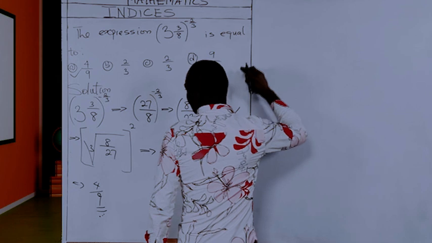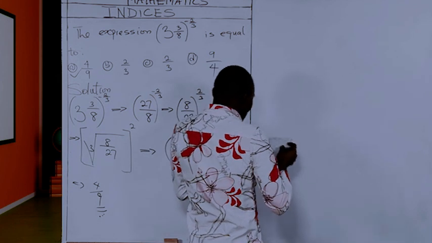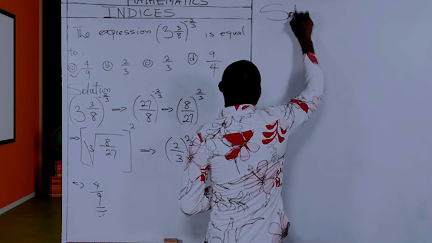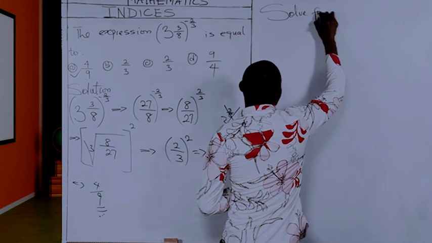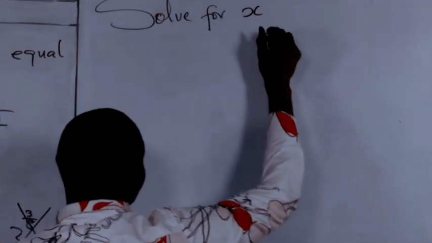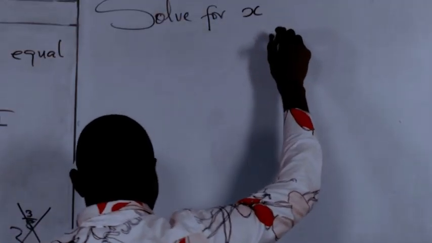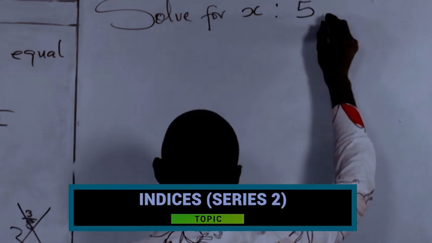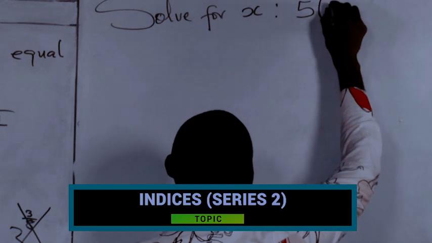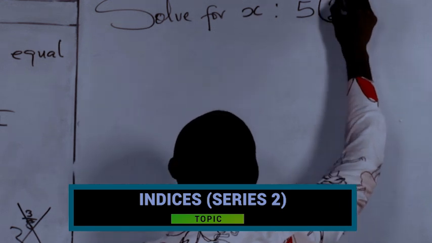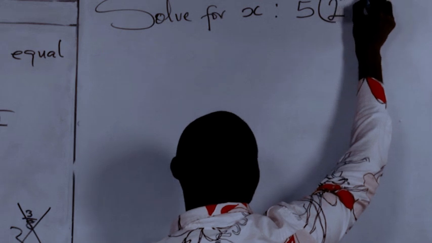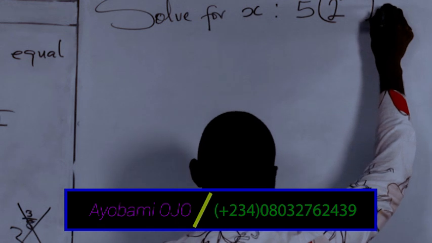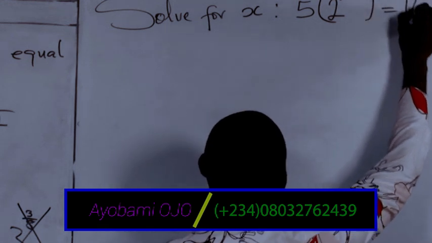The next question says solve for x in 5 open bracket 2 raised to the power of x minus 3 close the bracket equals 160.